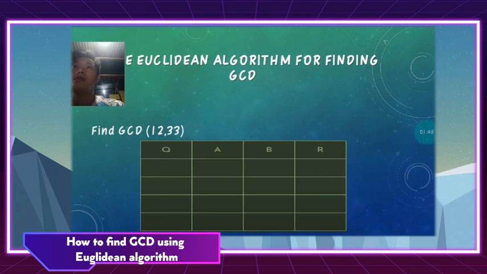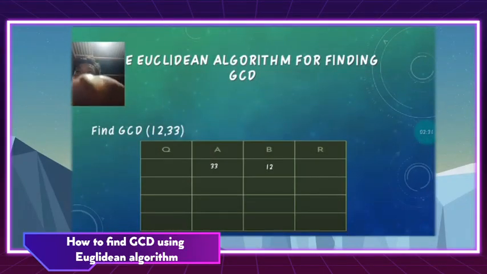Now we take these two numbers, 12 and 33. The biggest number is 33, right? Always put the biggest number in A and the next number in B. In this example, 33 is the biggest number, so A is 33 and B is 12.